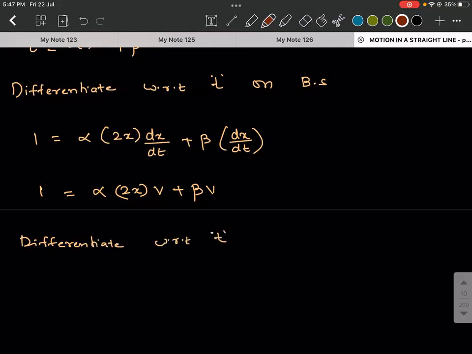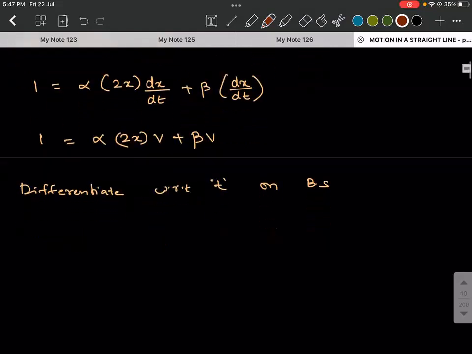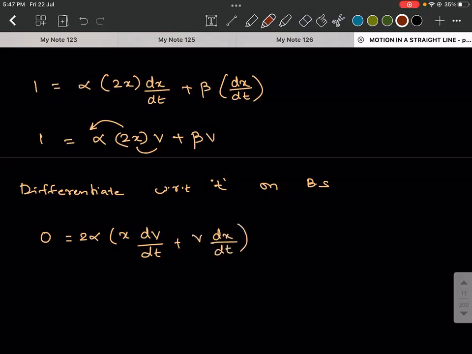with respect to time on both sides, derivative of 1 is 0. This is equal to alpha into derivative of 2x into v. I'll take this 2 outside. So 2 alpha into derivative of xv. We need to apply the product rule. So x into dv by dt plus v into dx divided by dt, plus beta into dv divided by dt.